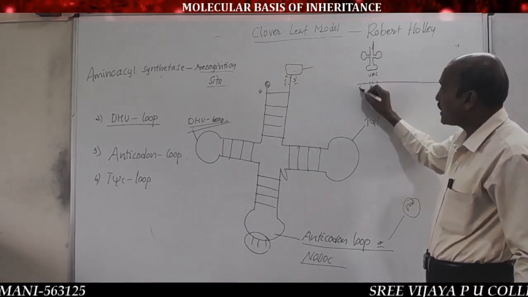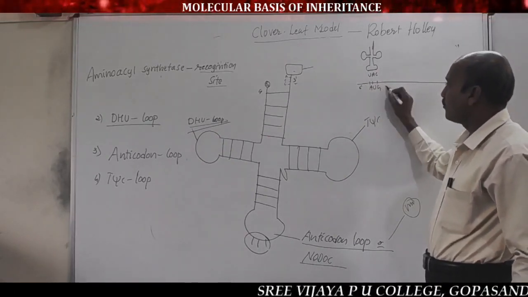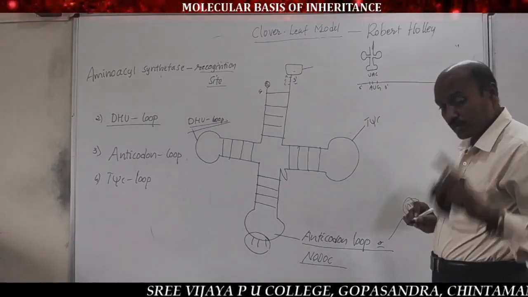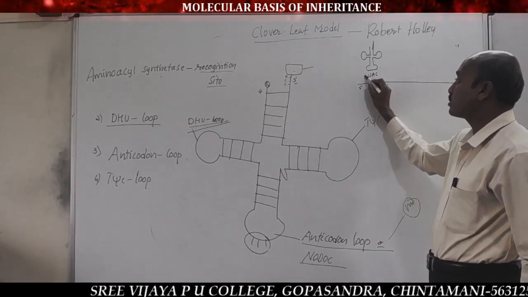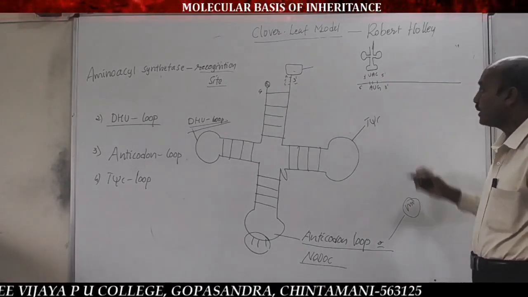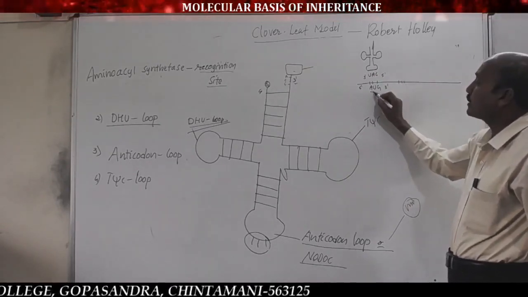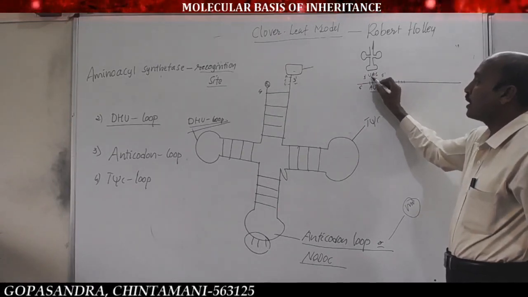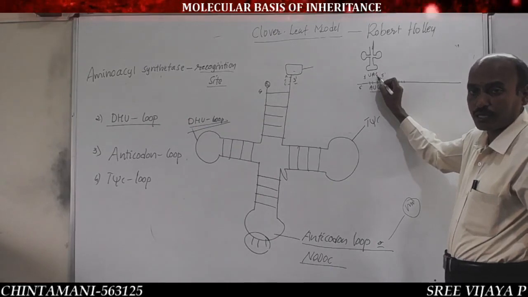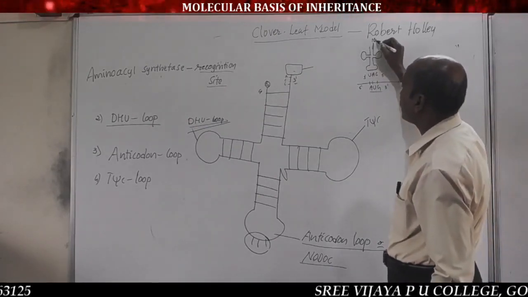But here direction is most important: the mRNA codon direction is 5' to 3', and the tRNA anticodon direction is 3' to 5', opposite to mRNA. This tRNA with UAC anticodon carries the methionine amino acid.